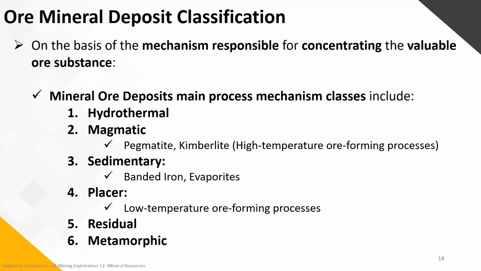We have the sedimentary, for example the banded iron deposits and evaporites. We have the placers, which are mainly low temperature ore forming processes at the surface. And finally, the residual and the metamorphic processes.